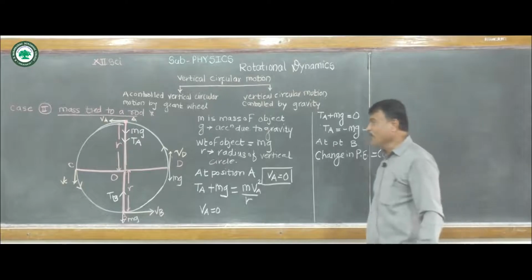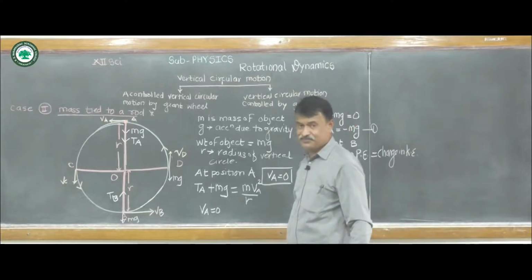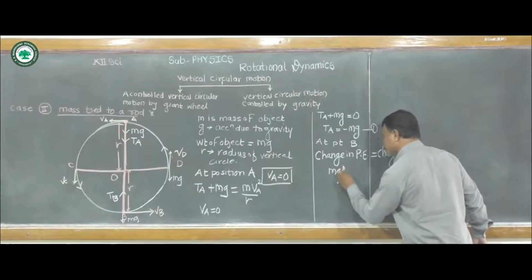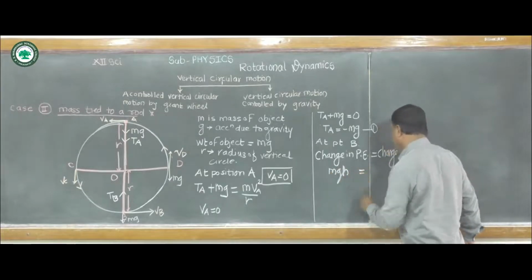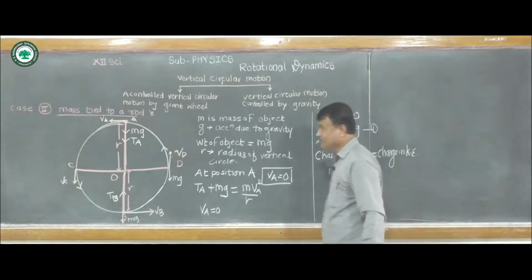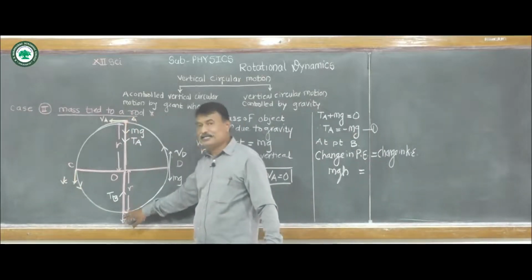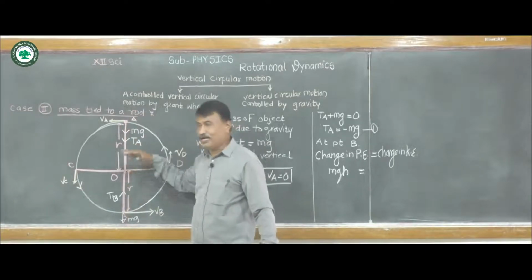Now we know the formula for potential energy is mgh, and that is equal to the change in kinetic energy. Here we have to consider the kinetic energy at point A and the kinetic energy at point B, and take the difference between these 2 points.